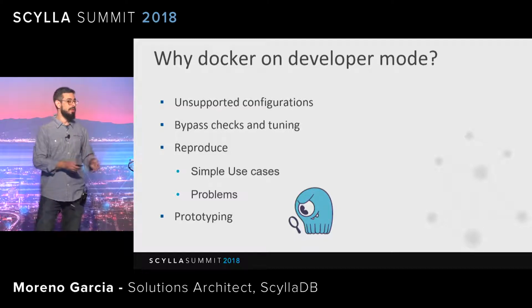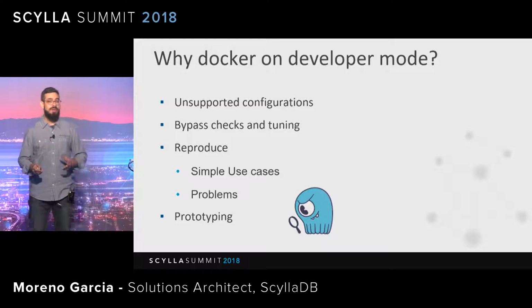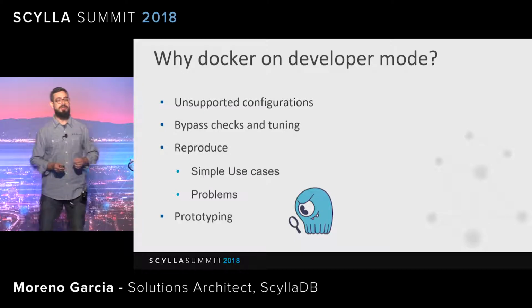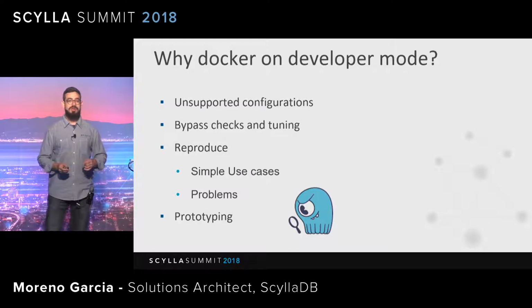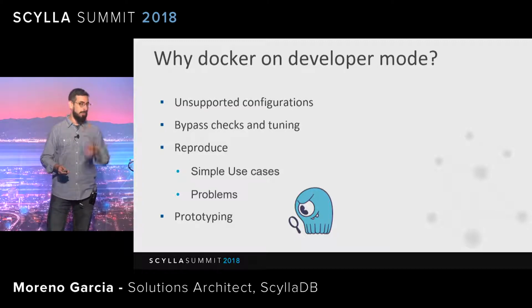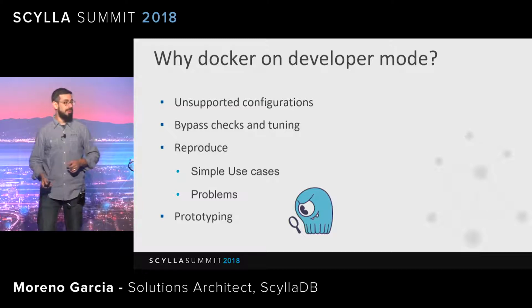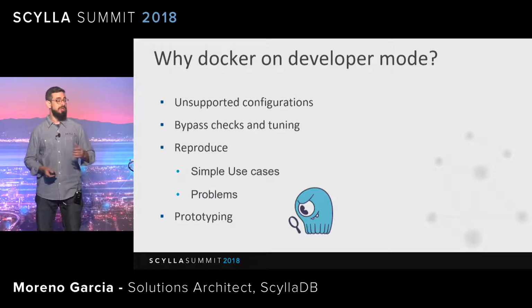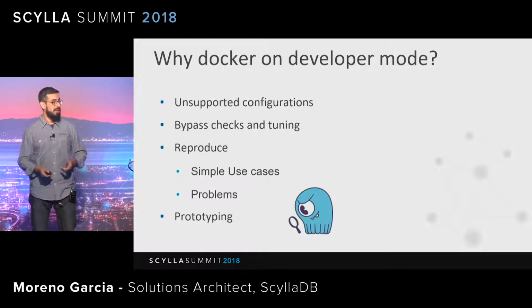Because of the reasons that I just mentioned, maybe you're just testing on your laptop. Our Docker container, by default, ships with developer mode on. And why is that? Because Scylla is very demanding in terms of the environment that you are deploying. When you install Scylla, it's going to verify the proper amount of resources, CPU, RAM. It's going to benchmark your disks.